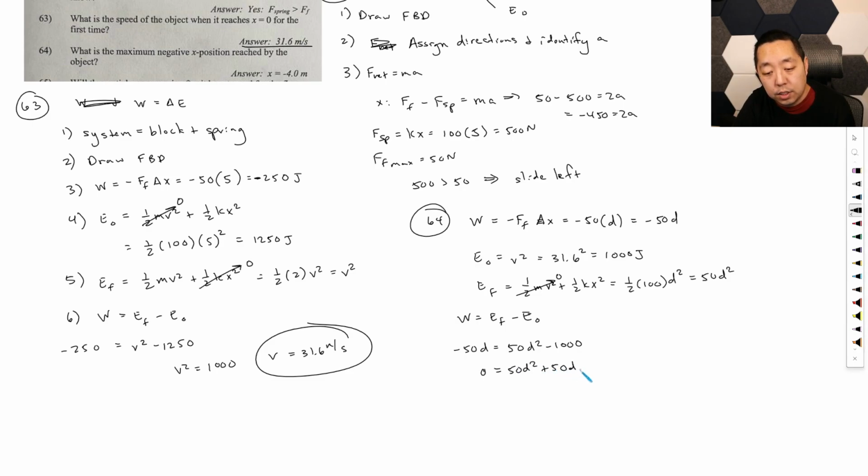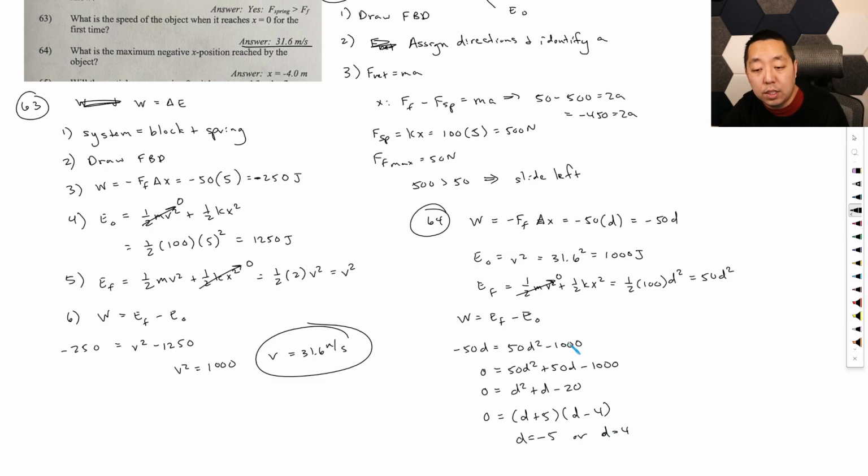See this? So we got to set it equal to 0. And it's just a math problem at this point. We're going to divide by 50. D squared plus d minus, what is that, 20? No, 40. And turns out this one factors into (d plus 5)(d minus 4). So d has to equal negative 5 or d equals 4.